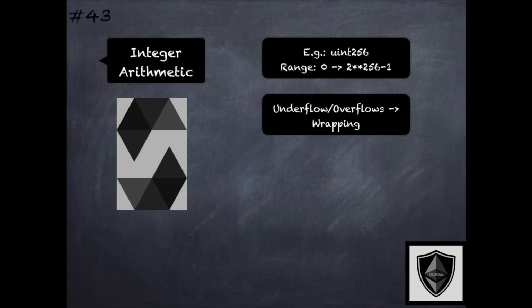Similarly, an underflow, let's say in the case of this variable, if the value was 0, and if the logic decremented it by 1 more, then it would again cause wrapping to the other end of the range, and the value of that variable would now be 2^256 minus 1. So as you can imagine, this can have significant unintended side effects when it comes to the integer values used in that logic.